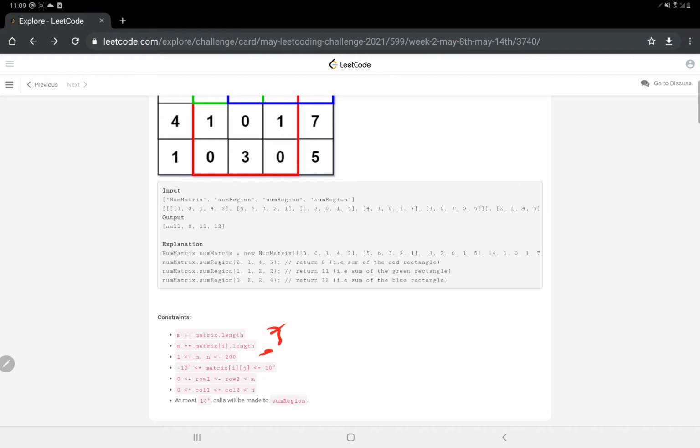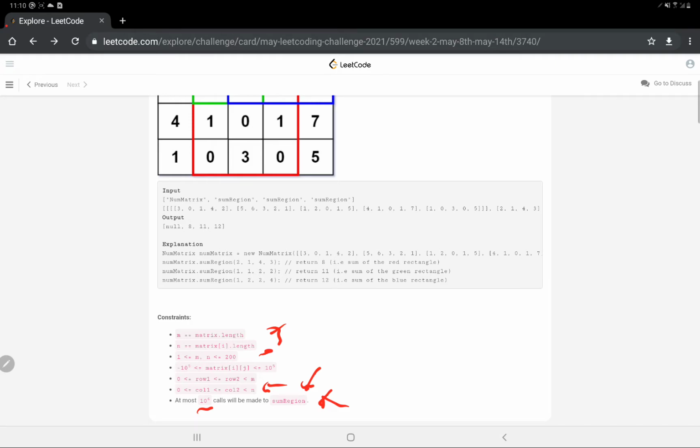The values range from minus 10 to the power 5 to 10 to the power 5. The row and column would be in range only; they won't exceed, they won't be equal to m or n. So it would be inside the matrix only. And 10 to the power 4 calls would be made, so there would be many calls. So we have to optimize it as much as we can.